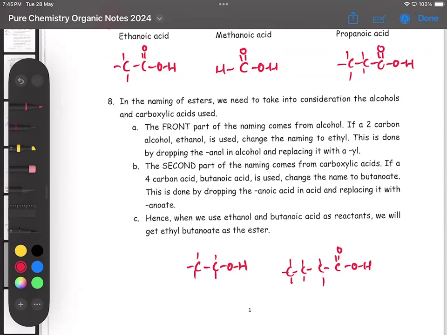Okay, so when they form water, they have to drop the water molecule. So what they drop is the acid will drop the OH from this. The alcohol will drop the hydrogen.